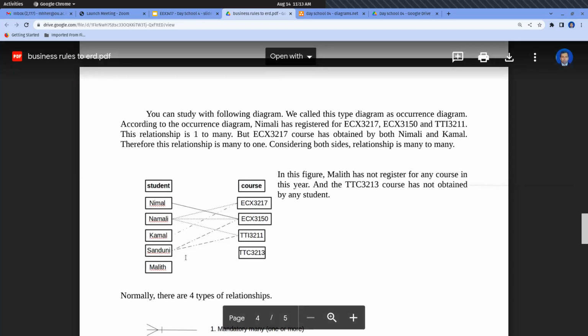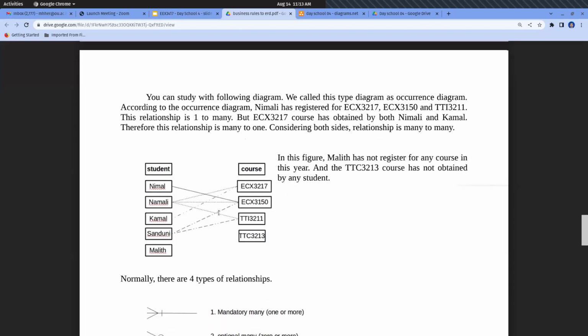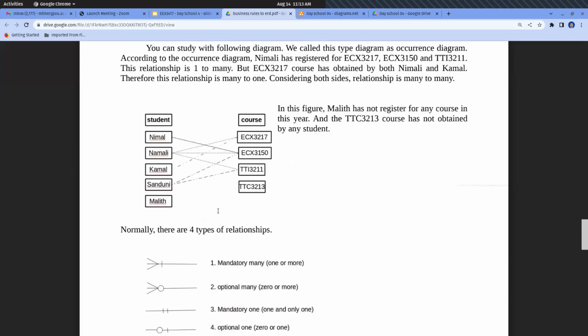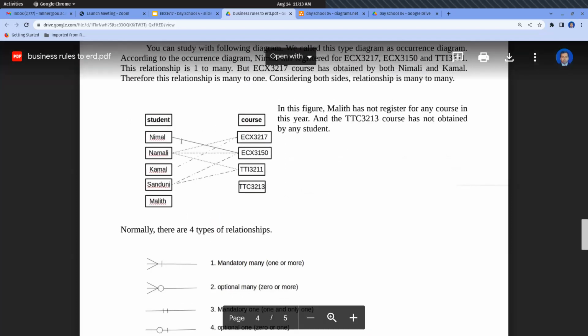When you include this relationship, there is a separate mark we include. Here, these are relationships. One more thing I have to explain.